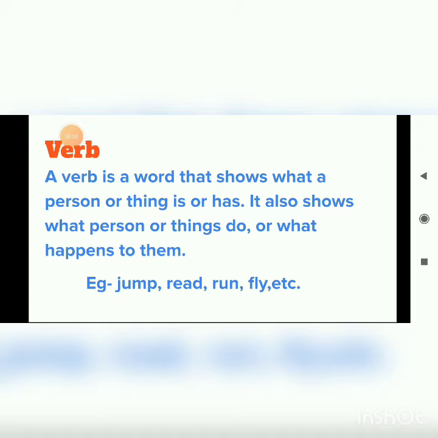A verb is a word that shows what a person or thing is or has. It also shows what a person or thing does or what happens to them. Example: jump, read, run, fly, etc.